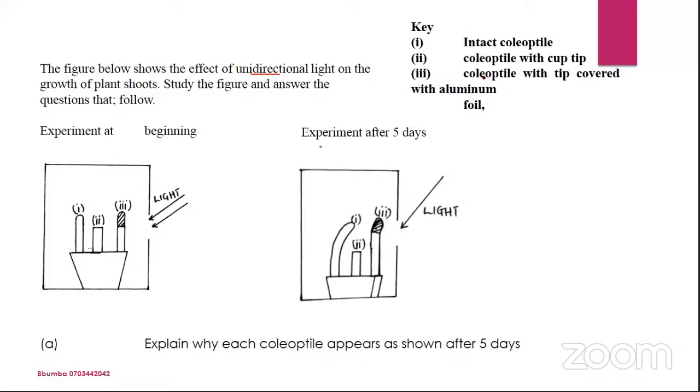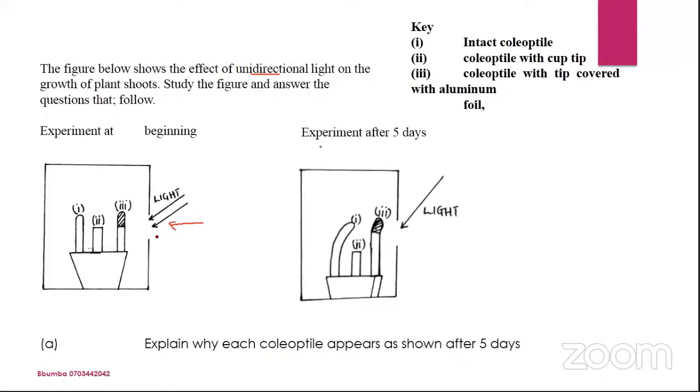Three says coleoptile with a tip covered with aluminium foil. Now this was a coleoptile. That is the tip of the coleoptile. Coleoptile means seedling, which was covered with a piece of aluminium foil. Then another coleoptile, the tip had been cut off. And then another coleoptile was left intact, and then light was left to go through this dark box, as you can see.